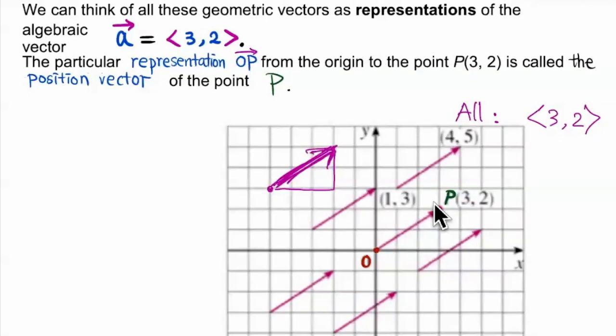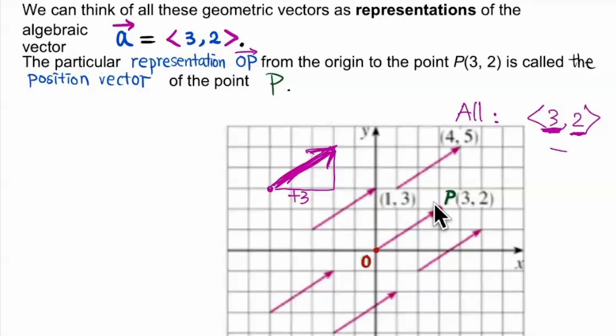As long as from the initial point you go 3 units to the right and then 2 units up, then this vector is a representation of that one. Infinitely many representations.